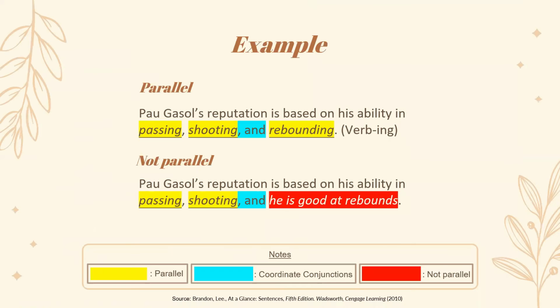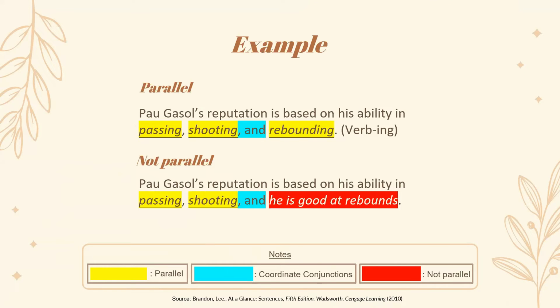And next, this is the example of parallel and not parallel. First, this first sentence is parallel, because each of the words is in the same pattern, that is in gerund. On the other hand, the second sentence is not parallel because they are not in the same pattern.